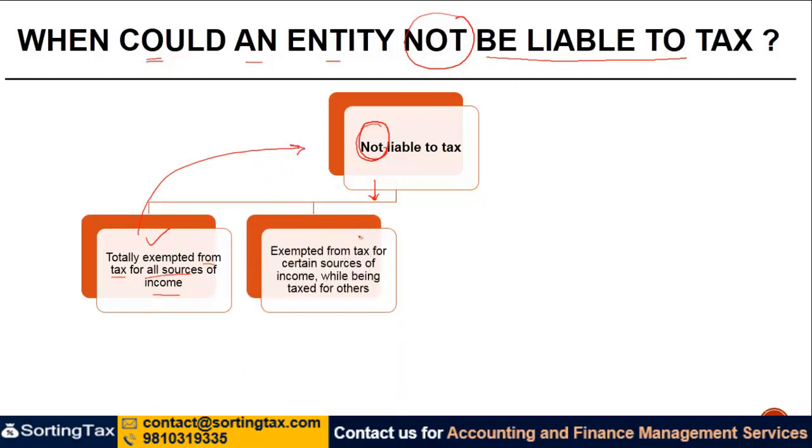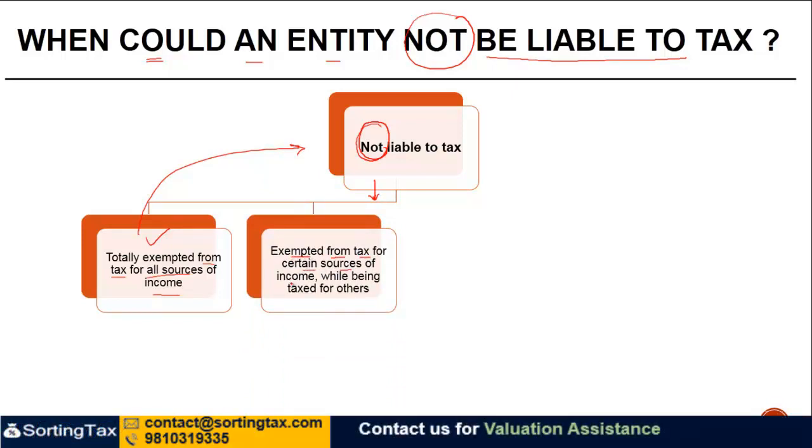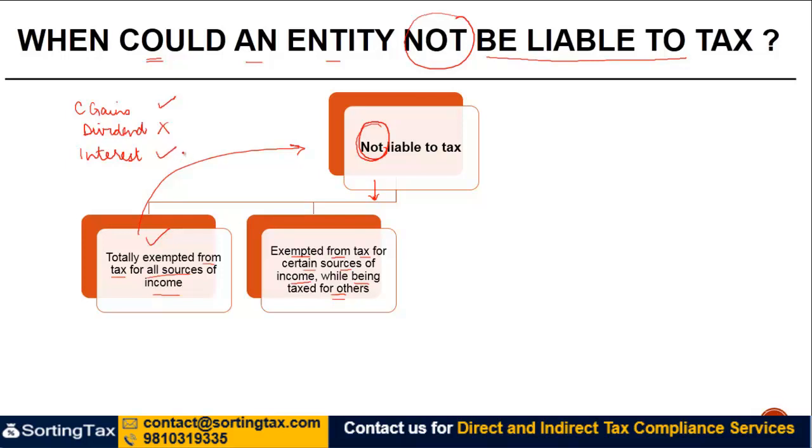How about a company which is exempted from tax for certain sources of income while being taxed for the others? Let's say a company gets capital gains, dividend, and interest. What if it is not taxable for interest and dividend, but it is taxable for capital gains? In these cases we say that the entity is liable to tax.